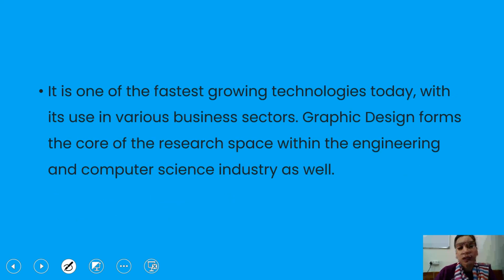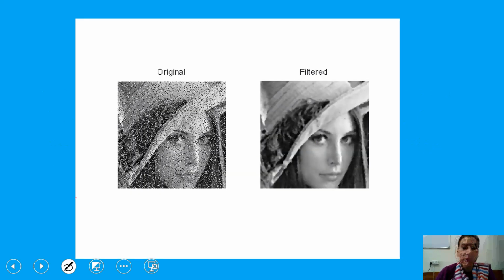It is one of the fastest growing technologies these days with its use in various business sectors. Graphic design forms the core of the research space within the engineering and computer science industry as well.